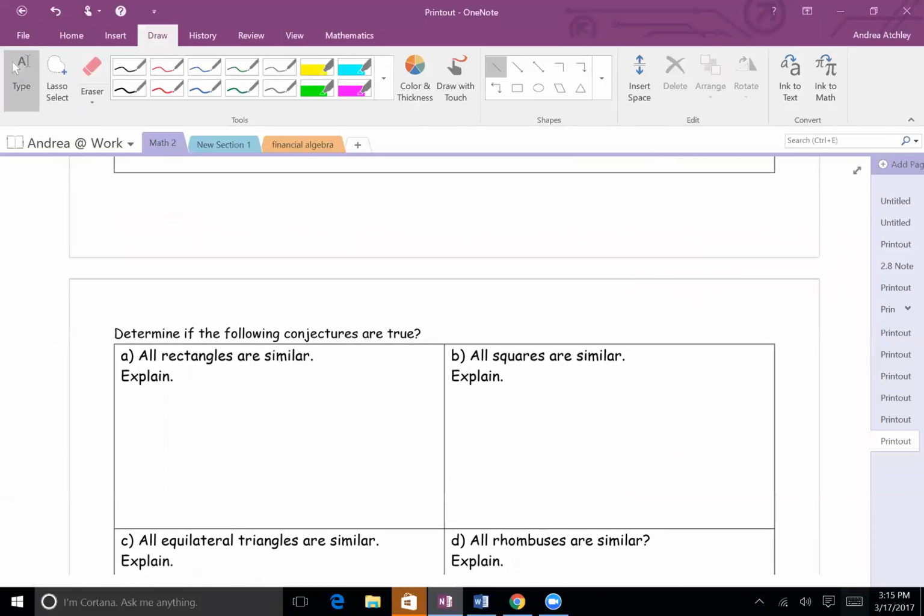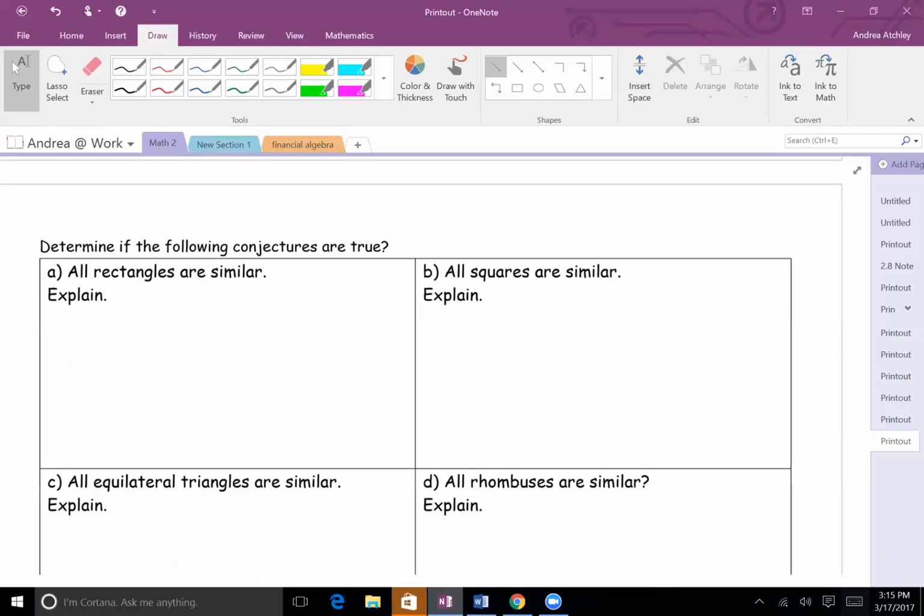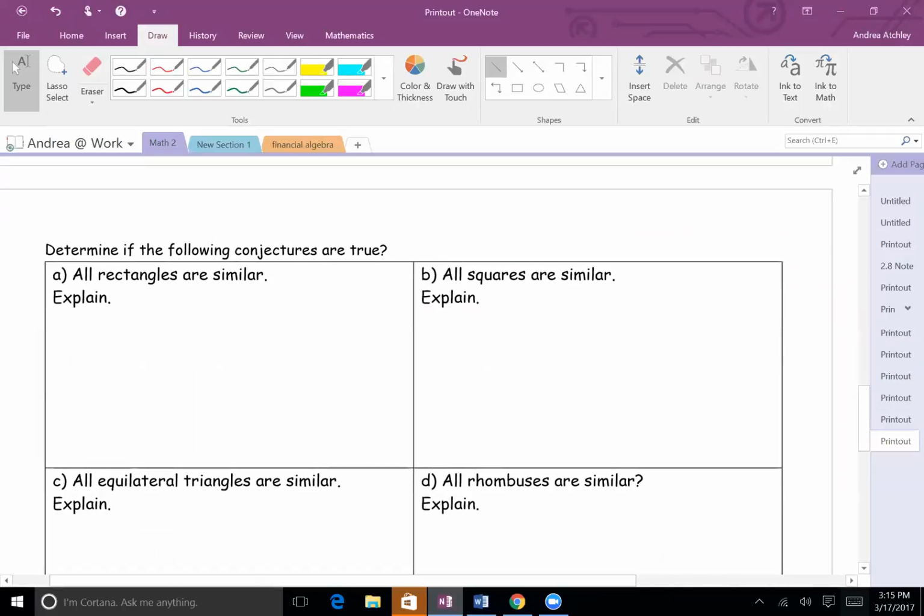Okay, so now we want to determine if the following conjectures are true. Remember, conjecture just means hypothesis, just math. Are all rectangles similar? So if we draw a rectangle, okay, and then we draw another rectangle.